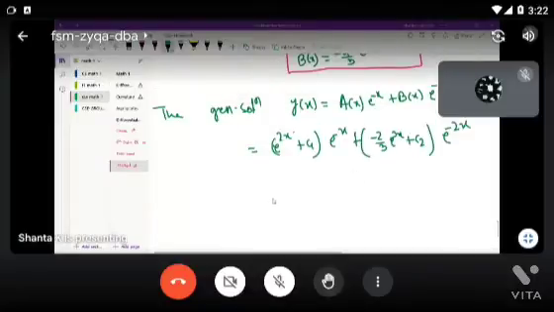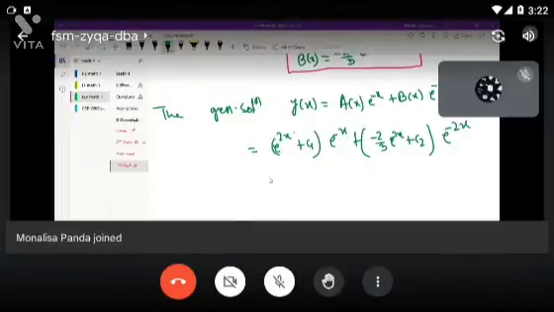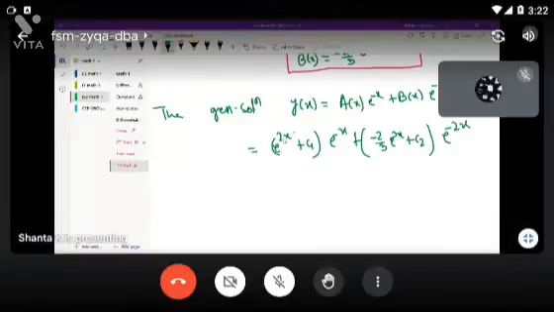So here, if you want, you can further simplify. So here you can see e power 2x, here e power minus x, e power plus x, and c1 e power minus x. Then here minus 2x, so it is minus 2 by 3 e power x.